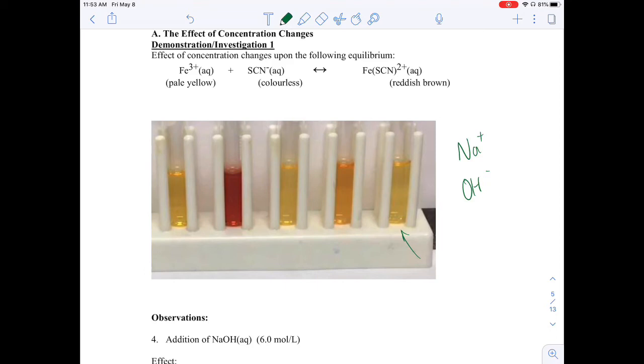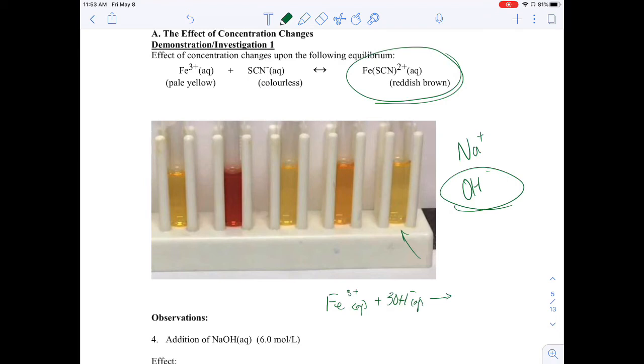And the reason is that this reddish brown color is going to get used up slightly because the aqueous iron 3 ions react with 3 aqueous hydroxides, and they produce iron 3 hydroxide, and that's a solid.